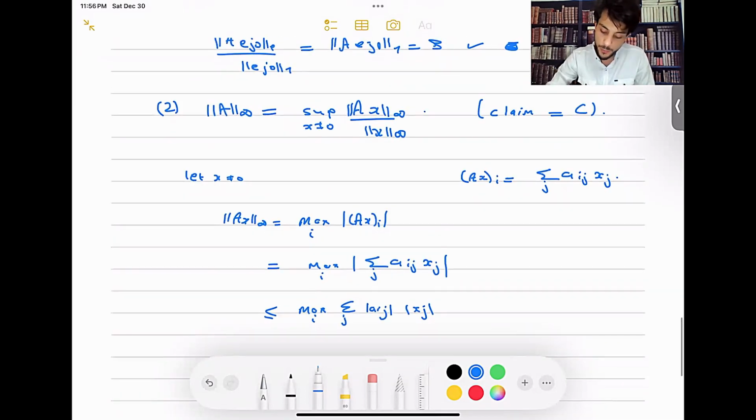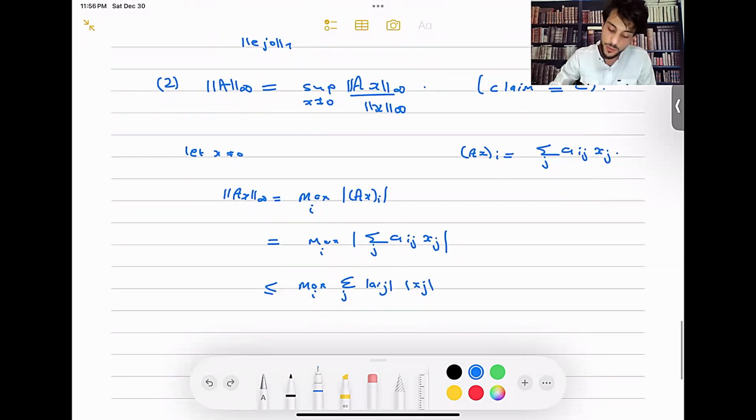And let's now remember what's the goal. The goal is to prove that this is less than or equal to c times the infinity norm of x. But let's recall that the infinity norm of x is just the maximum of the entries of x. So what we really want is for the maximum of the entries of x, which are the xj's in this case, to appear on the right hand side.